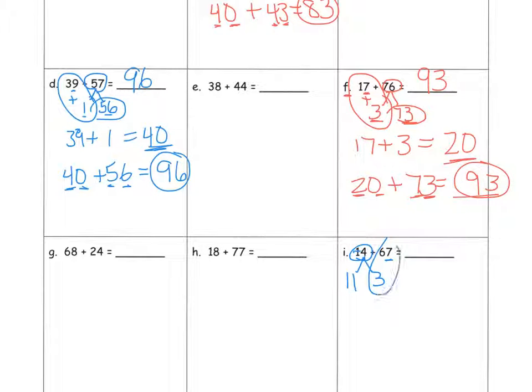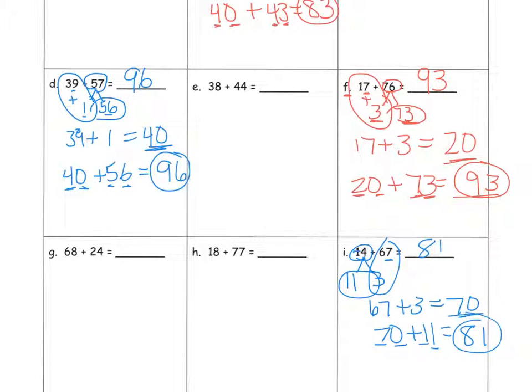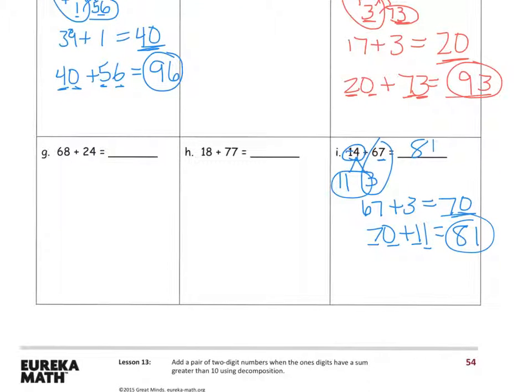And I can do 67 plus 3 to get me to 70. And then I'll take that 70, and I'm going to add it to 11. 1 plus 0 is 1, and 1 ten plus 7 tens is 8 tens or 80. So I get 81.